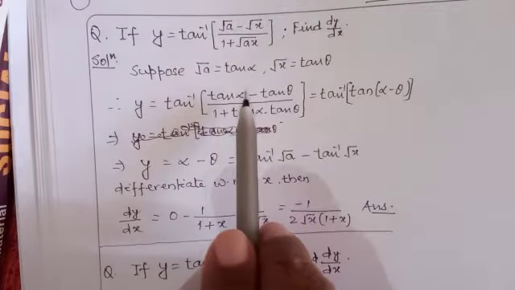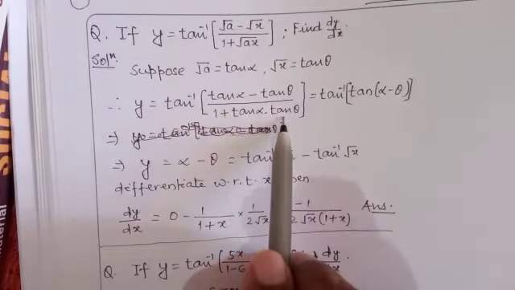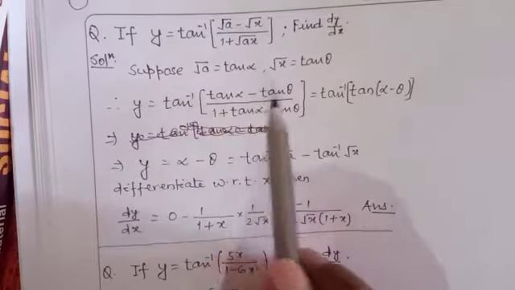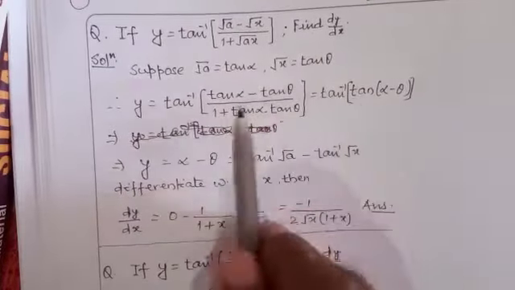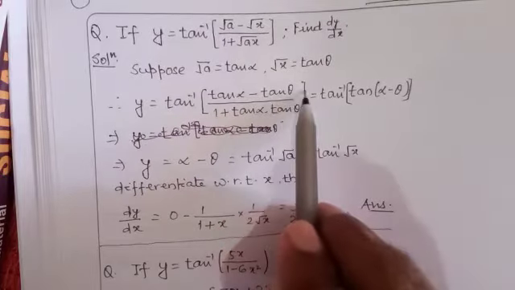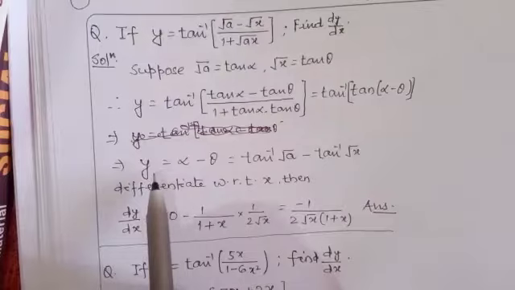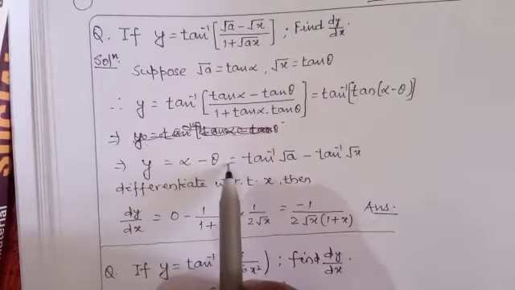So tan a minus tan b divided by 1 plus tan a into tan b is the formula for tan of a minus b. So this should be tan inverse tan of alpha minus theta. Tan inverse and tan are omitted, only y is equal to alpha minus theta is left.